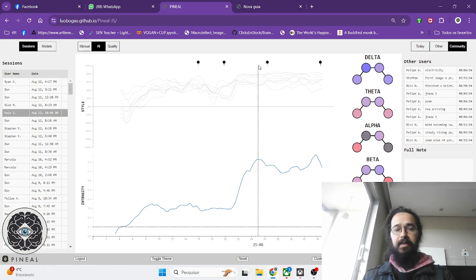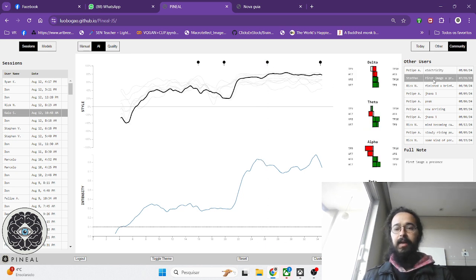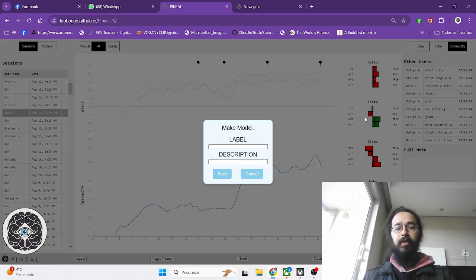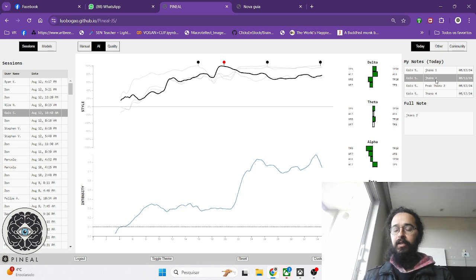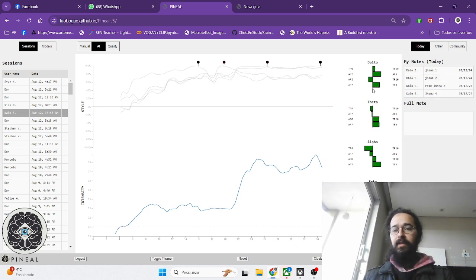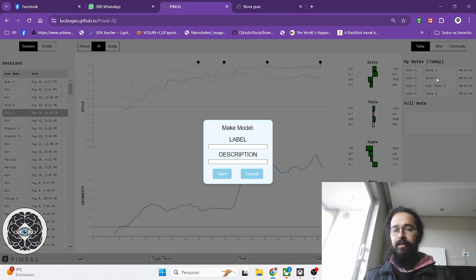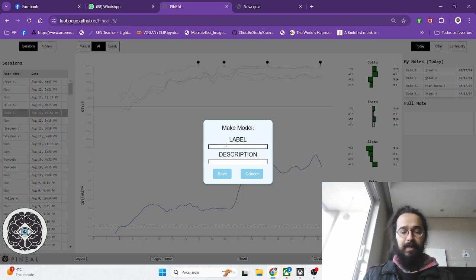The next update that we will bring is a protocol to create models like the Muse birds, like an algorithm. So I can come here and take this jhana 2. Remember this jhana 2 note, this specific state, this package of data of jhana 2, and later we can click here and make a model of this specific state.